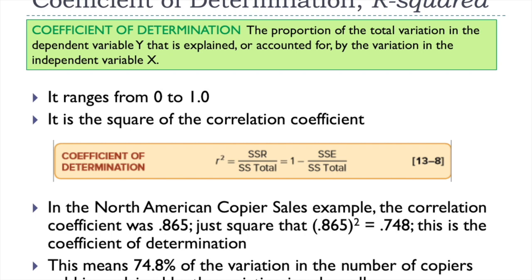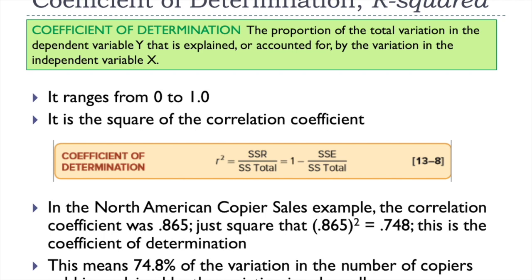Something else that we use, which is thought of as easier to interpret, a measure that's more easily interpretable of a regression's ability to predict, is called the coefficient of determination, or more commonly referred to as R squared. You can really ignore this formula down here, 13.8, because the reality is you just take the coefficient of correlation from earlier in the chapter, R, and you square it, and that's how you get your R squared.